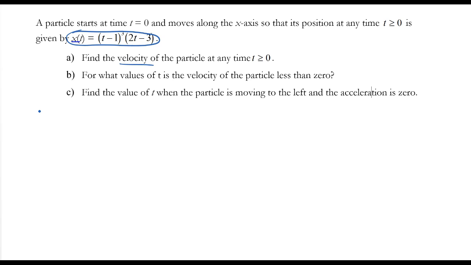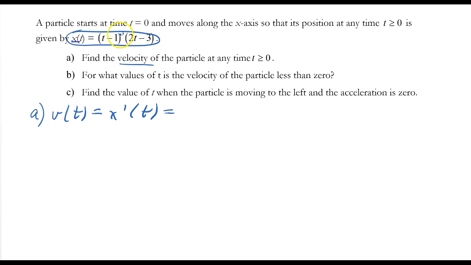Now this is a no calculator problem, so if we can find the velocity in factored form, it's going to be easier to solve. So the position is in factored form. So here we go. v of t, the velocity, is equal to x prime of t. We're going to use the product rule here, and we'll need the chain rule along the way.